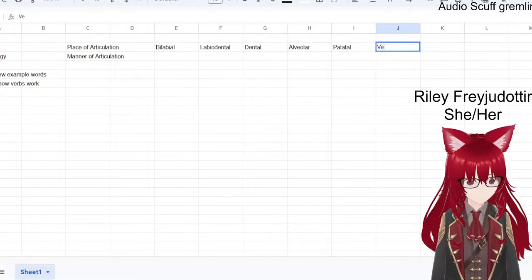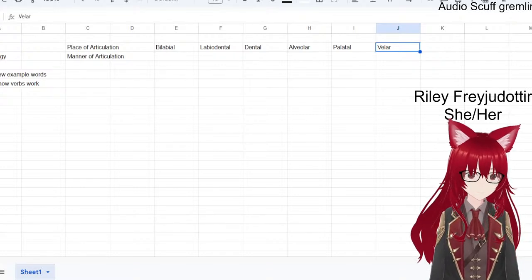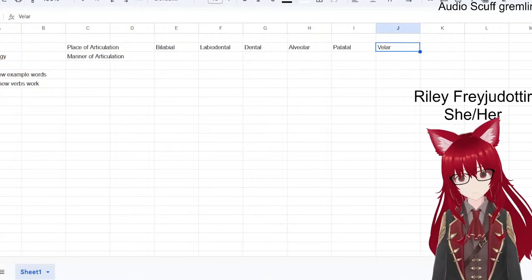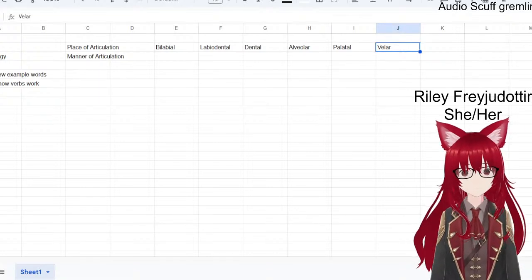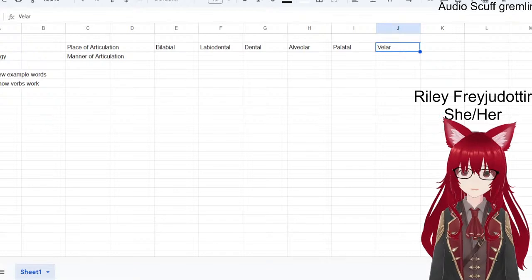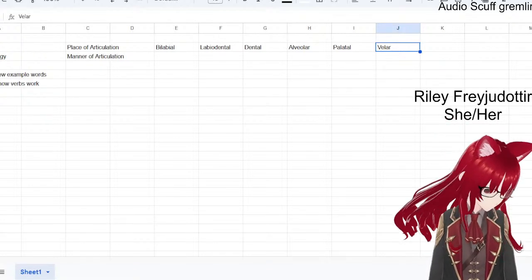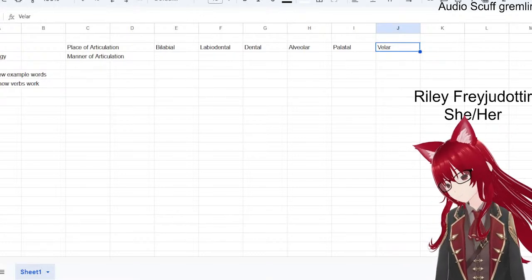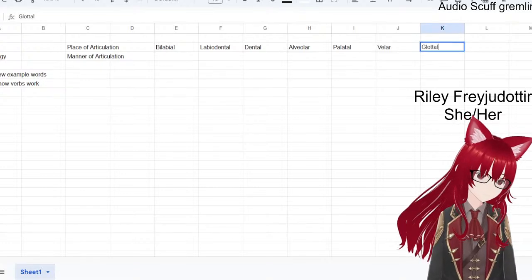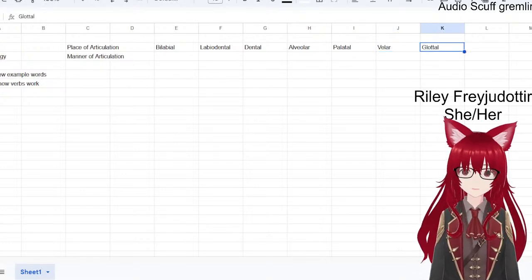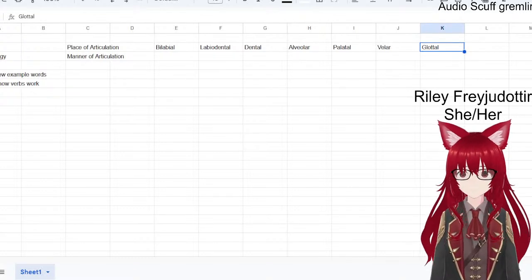There are also velar consonants, the sounds made with the back of your tongue, like the K sound, G sound, or the ch sound in German.